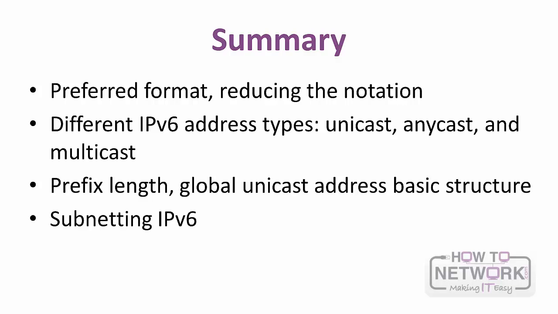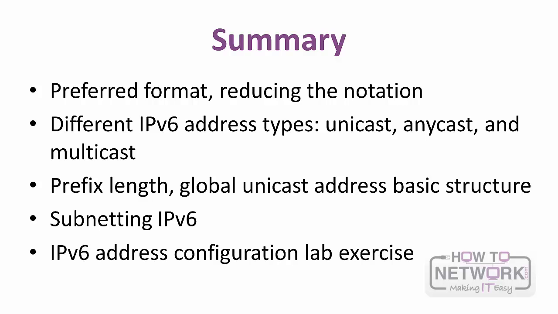The simplicity of subnetting an IPv6 address using the Subnet ID or extending the Subnet ID on a nibble boundary was also acknowledged. Subnetting within a nibble can be done, but it is a little more difficult and not recommended. IPv6 address configuration using CLI was demonstrated in a short lab exercise.